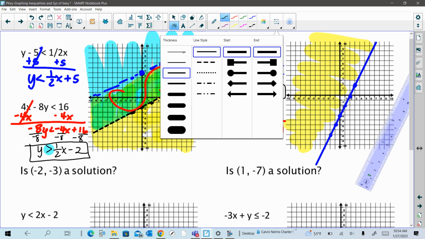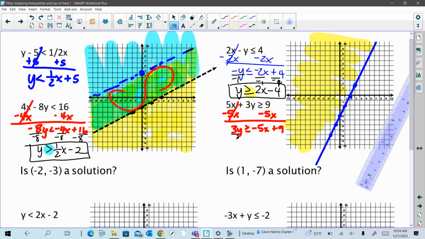Then what? Divide every term by 3. So y is greater than or equal to negative 5/3 x plus 3. Yes. We start at positive 3. There's our point. How do we move from that point? Down.